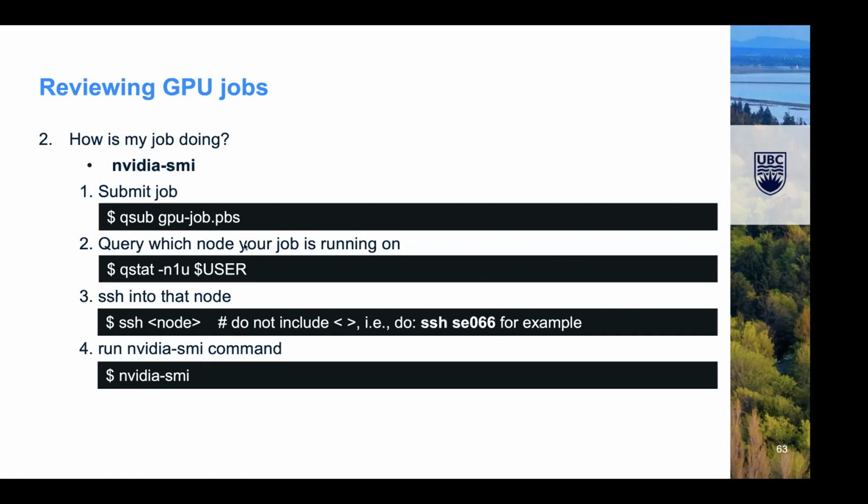But you can certainly use this as well. And then the n will output the node that your job is running on. Once you've found that node, you SSH into it. So ssh sc066, and then you can run the NVIDIA SMI command. So let's see how we do here.